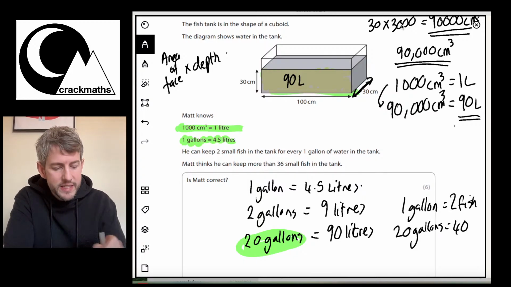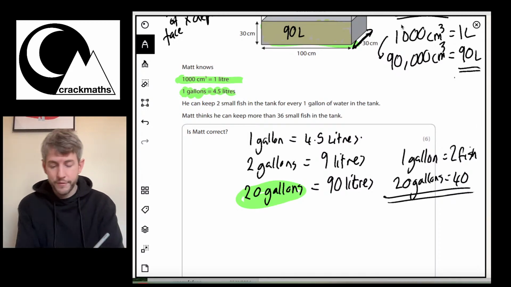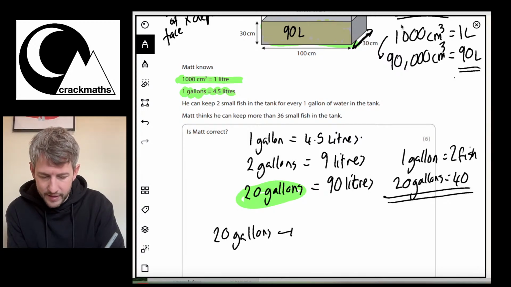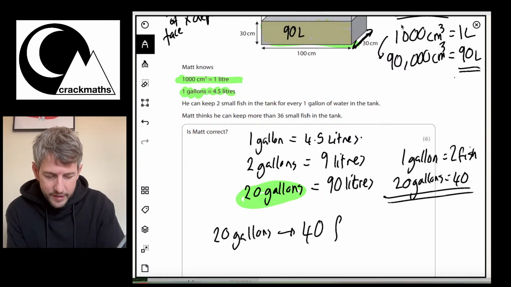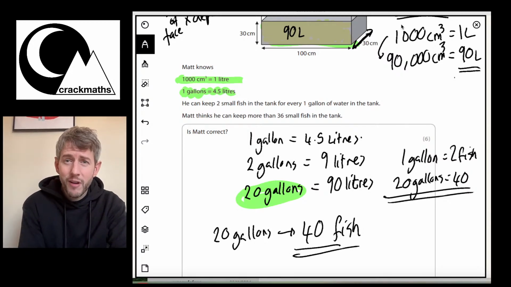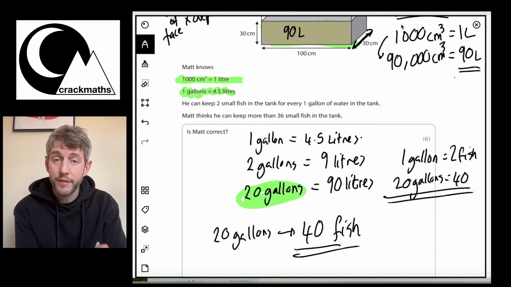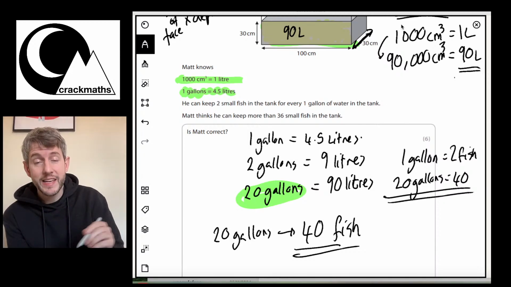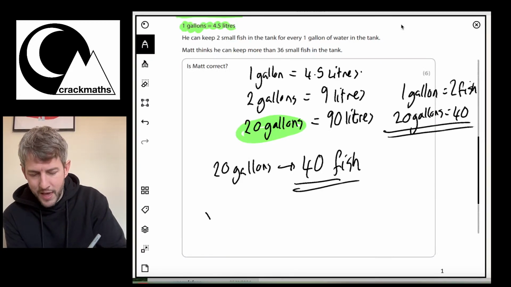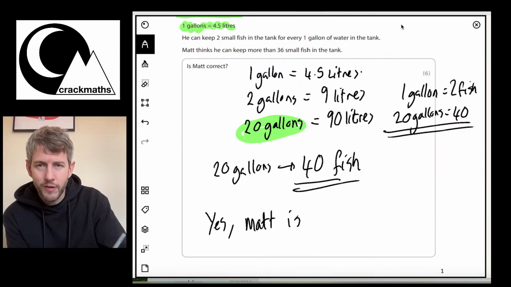So 20 gallons is enough water to hold 40 fish. That is the question pretty much done. Matt thinks he can keep 36 small fish, but actually he's able to keep 40 fish. So we can say, yes, Matt is correct.